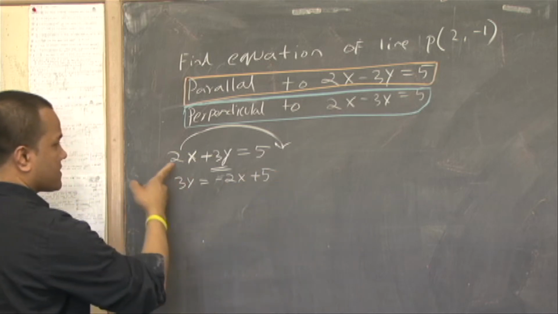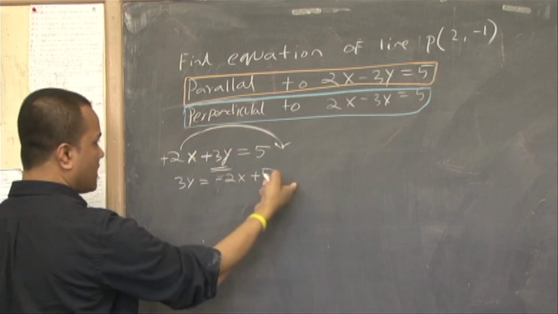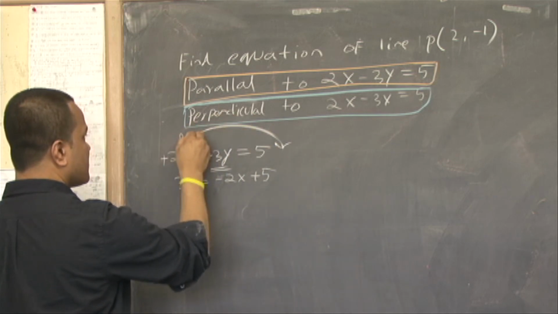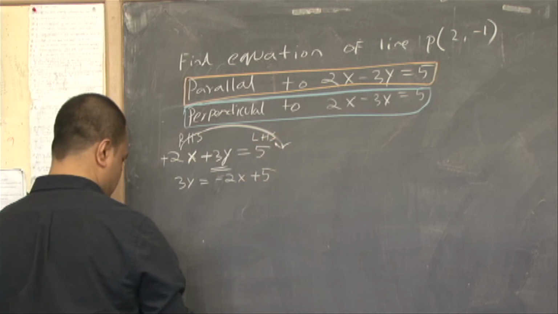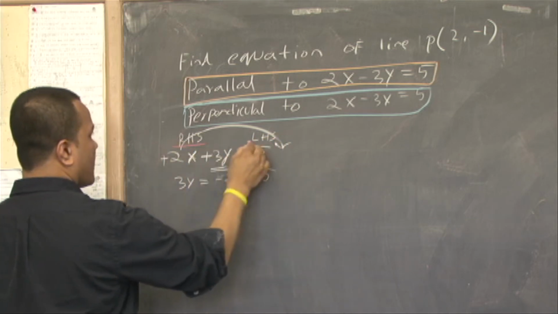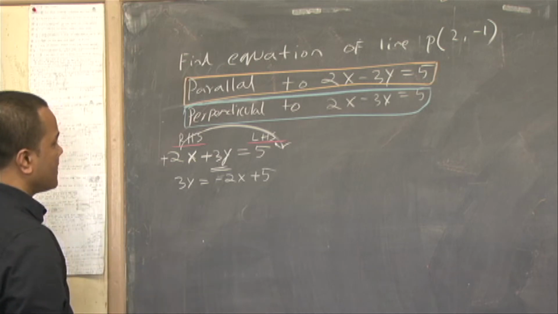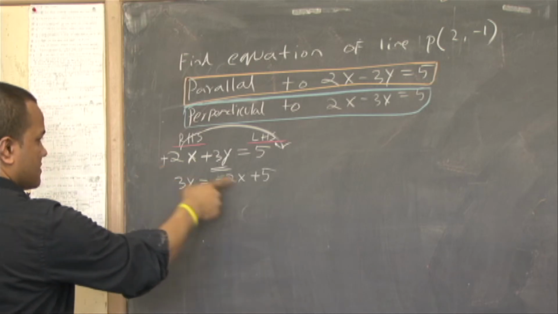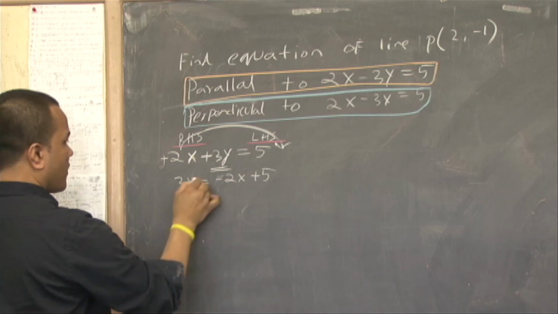Why minus 2x? This is positive 2x, so when we send it to the other side, from the left hand side to the right hand side, the sign changes. So we have 3y here, right?